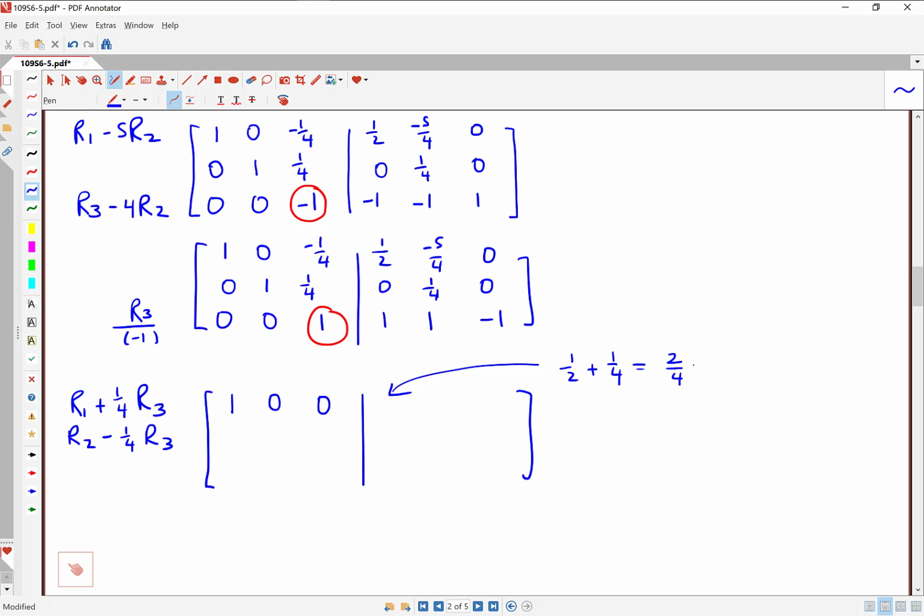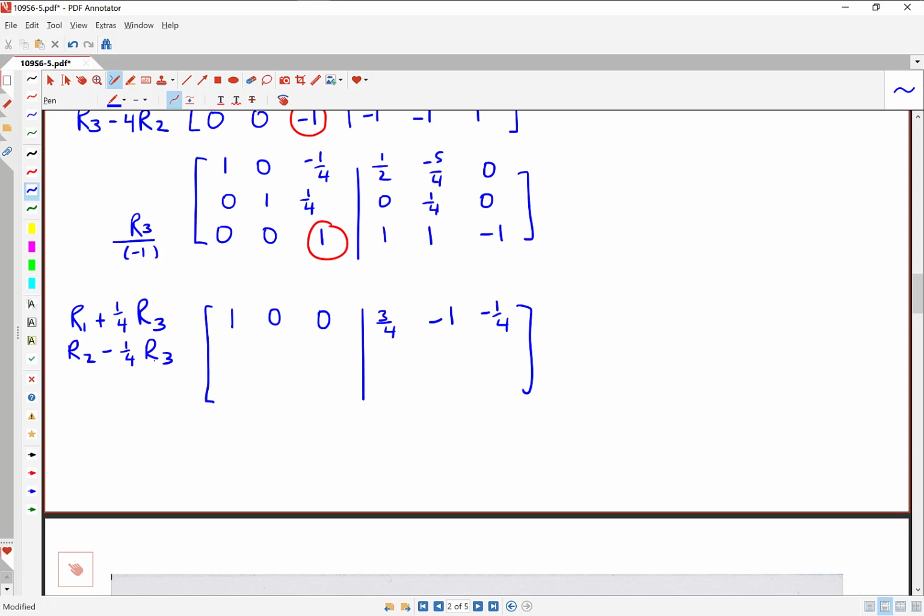So 2 quarters plus 1 quarter is 3 quarters. Now we're doing negative 5 quarters plus 1 quarter is negative 4 quarters, or negative 1, you could say. And then 0 plus a quarter times negative 1 is negative 1 quarter. So there's our top row done.